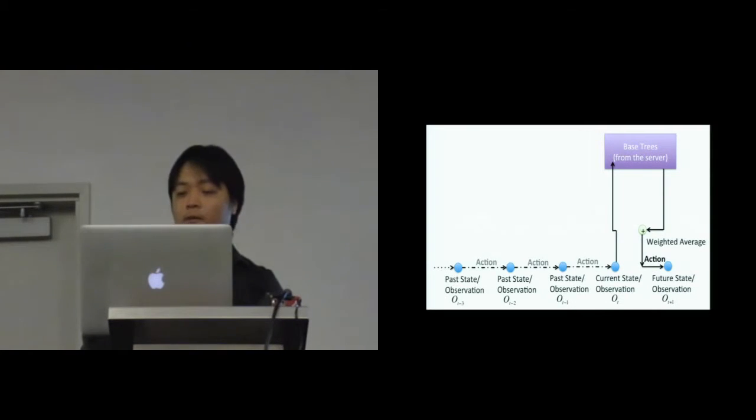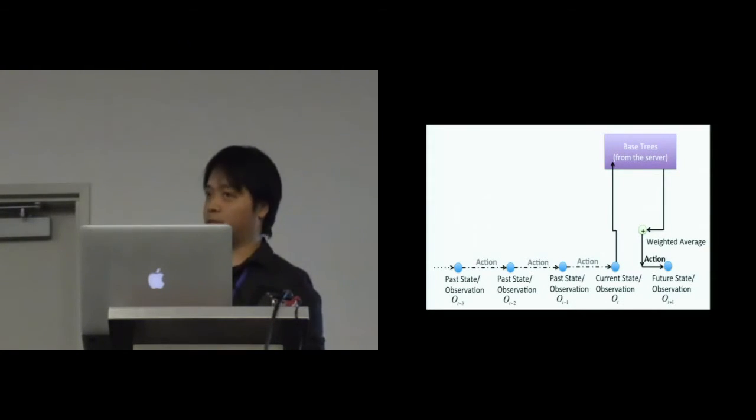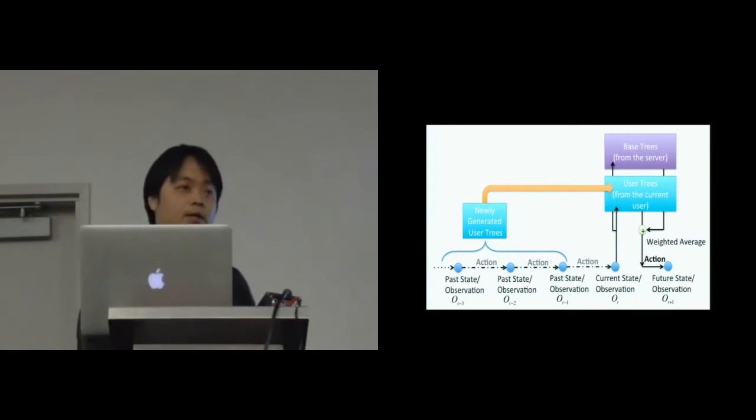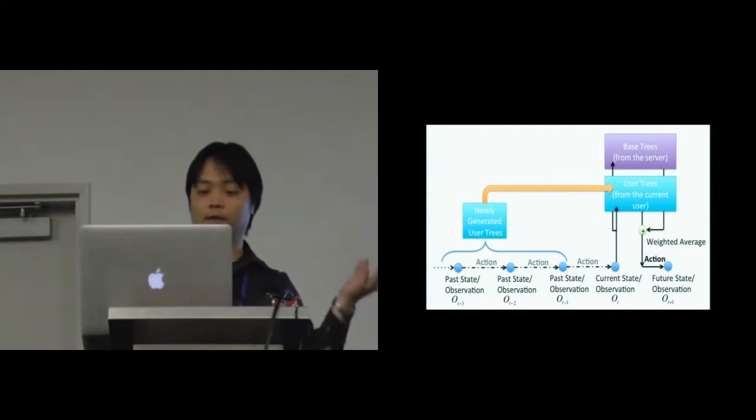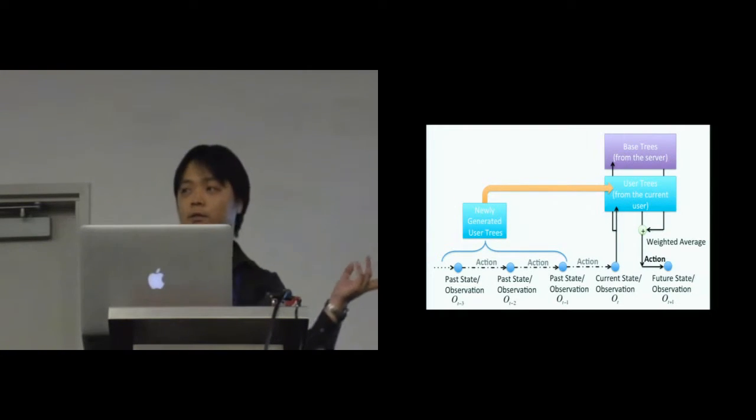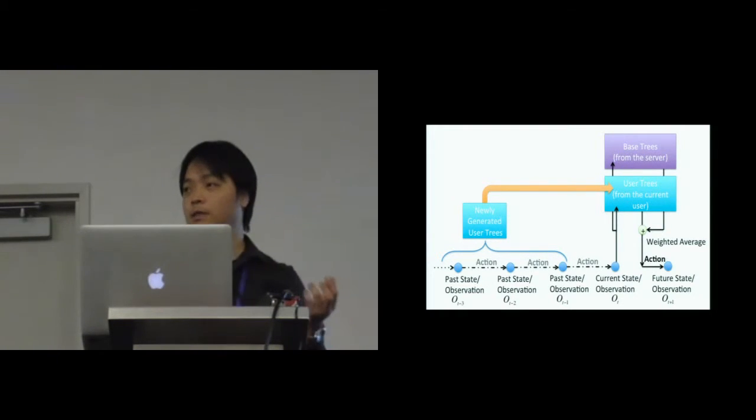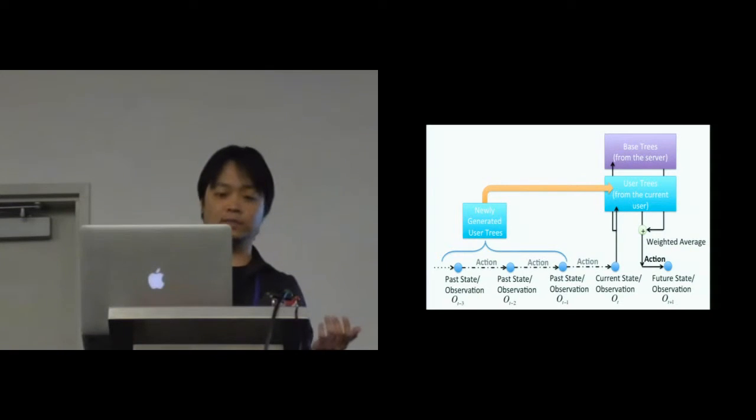When the user is interacting with the system, we collect further observations from the user and generate online user trees for further prediction. Later on, the newly generated user tree will be combined with the base tree to do the overall prediction.